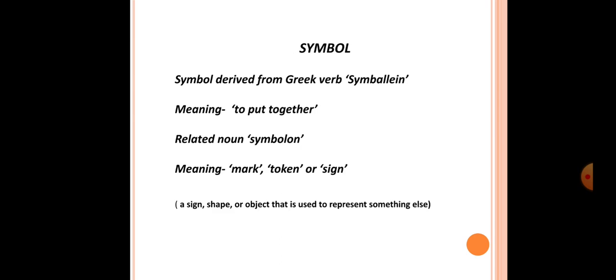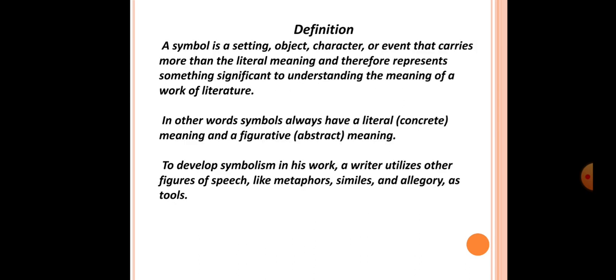The word symbol is actually derived from the Greek verb symbolein, which means to put together, and the noun related to it is symbolon, which means a mark, token, or sign. So, in short, we can say that a sign, shape, or object that is used to represent something else is a symbol.